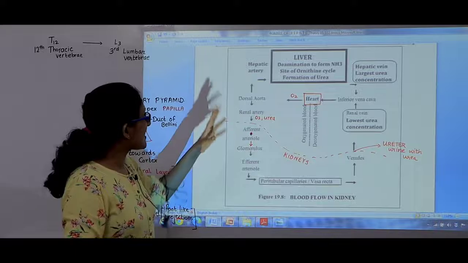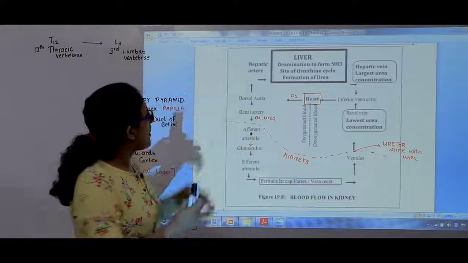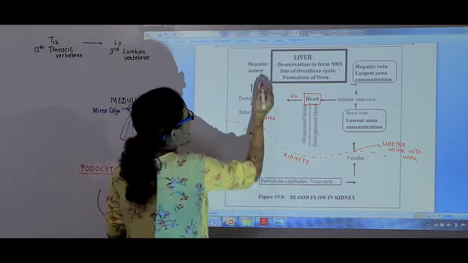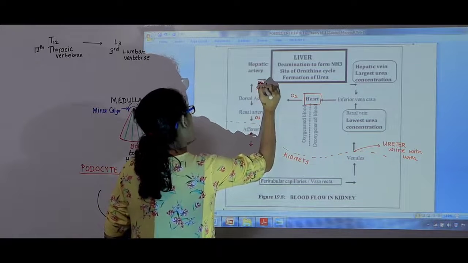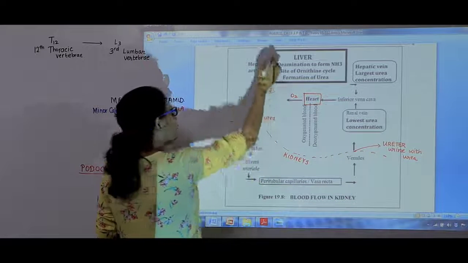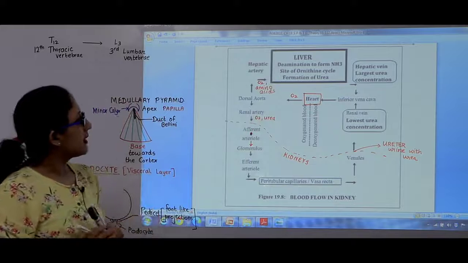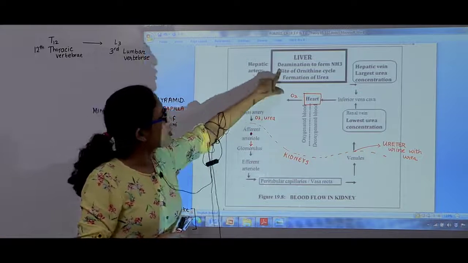So what supplies the liver is the hepatic artery. The hepatic artery carries oxygen and amino acids to the liver.